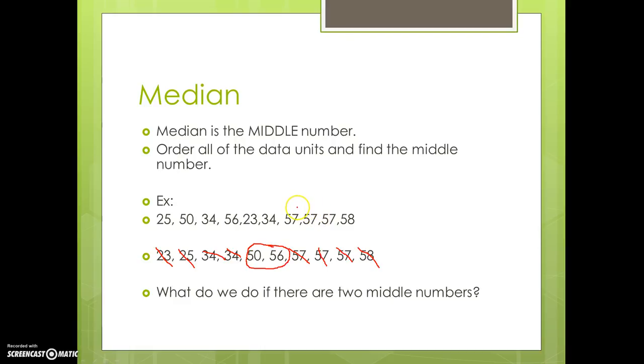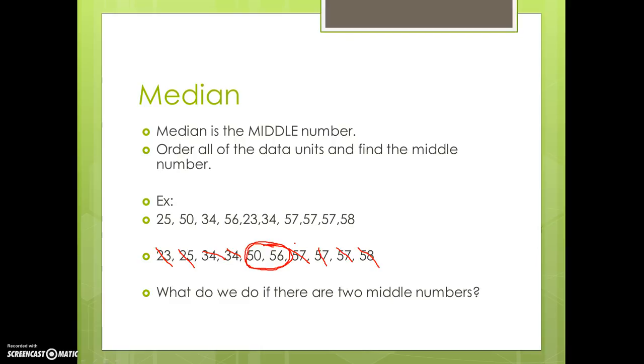If you have just one number in the middle, that would be your median. But because two of these numbers are the very middle number, we are then going to take the mean of those two numbers. So if you remember mean, you add the numbers up and divide by however many data units there are. In this case, we only have two numbers, so we add 50 plus 56, which equals 106.